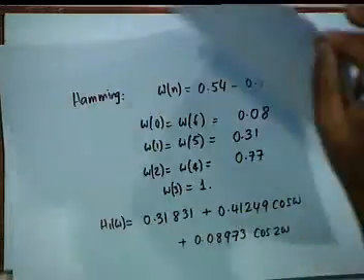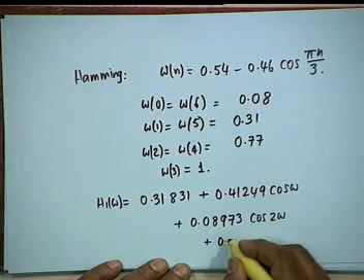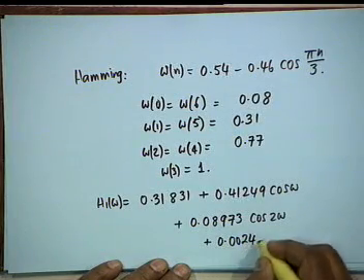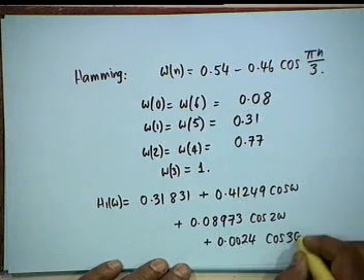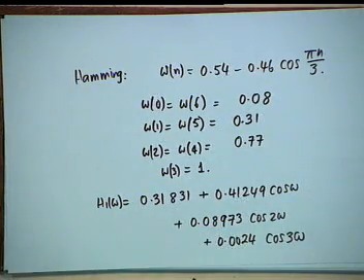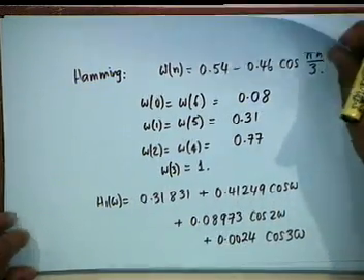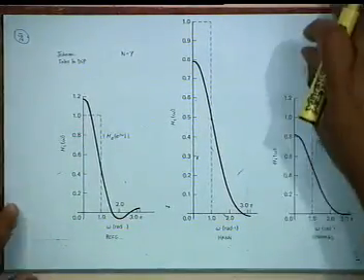So, this must be corrected. And the last term is 0.0024 cosine of 3 omega, Hamming. And the three responses, three pseudo magnitudes have been plotted here side by side.